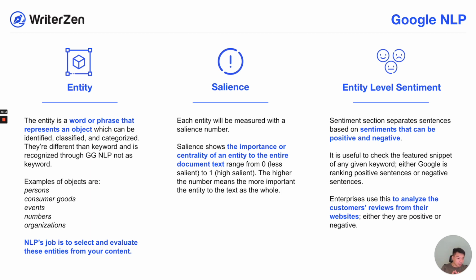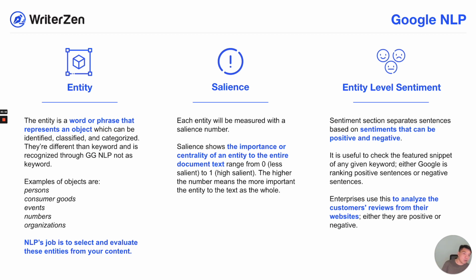In their scoring, they will show Steve Jobs with a very high salience score, maybe even 1. High salience means Google will say, okay, Steve Jobs is the entity with the highest importance to the entire document text, right? So that's salience. When you see a salience score, you can know that it ranges from 0 to 1, and if it's 1, that's a good salience. That's a good entity.